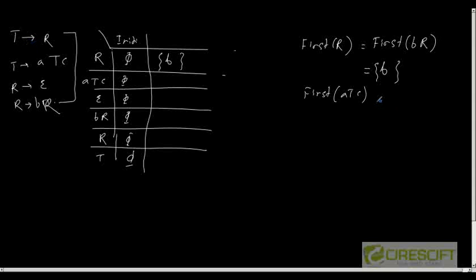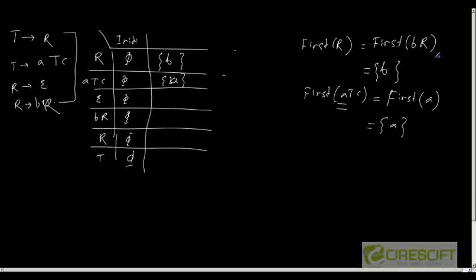First of ATC will be first of A, because A is not nullable. So the first symbol is not nullable, and hence first of ATC will be first of A, and that itself is A. Understood?